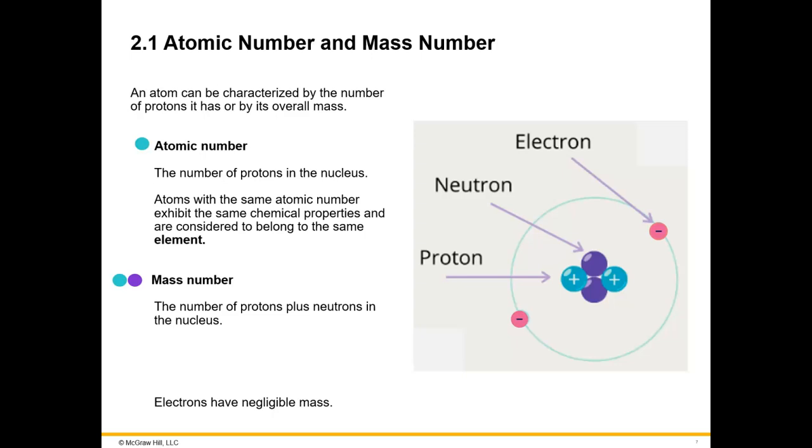When we look at mass number, that is including more than just the protons in a nucleus. We are looking at the mass of protons and neutrons in the nucleus. And that's telling us a lot more information about an atom. Electrons are not considered for the mass number. We're not counting how many electrons are present. And that's because electrons have negligible mass, which just basically means they don't have enough mass to really count in this calculation.